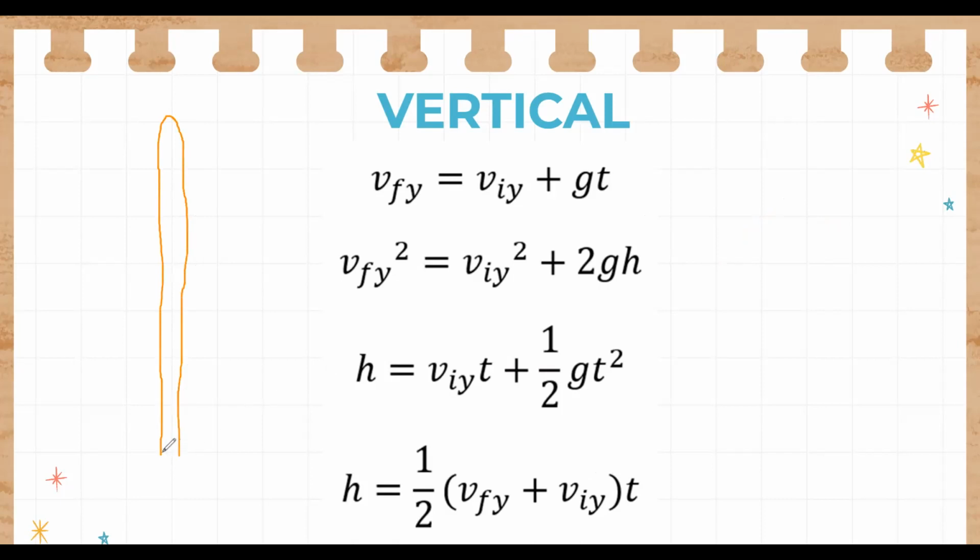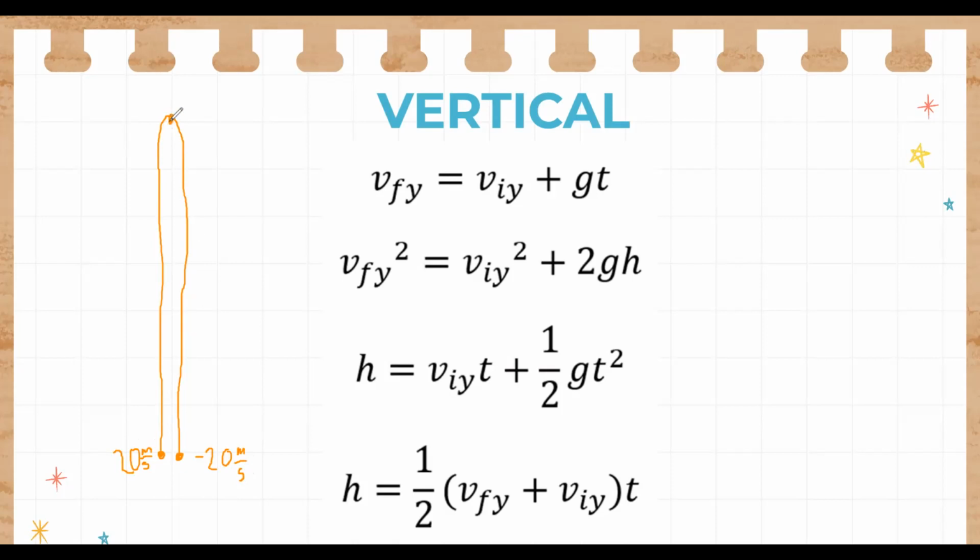When I do that, I'm throwing it up at a specific velocity, and I am coming back at the same amount of velocity, but completely opposite. For example, if I threw it at 20 meters per second, then my final velocity is negative 20 meters per second.